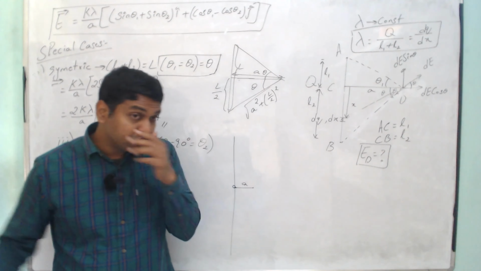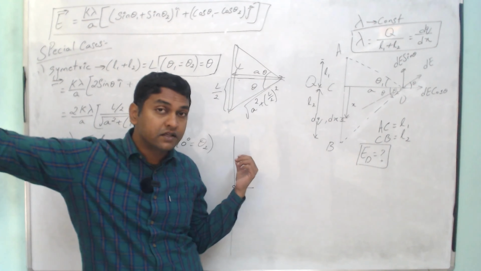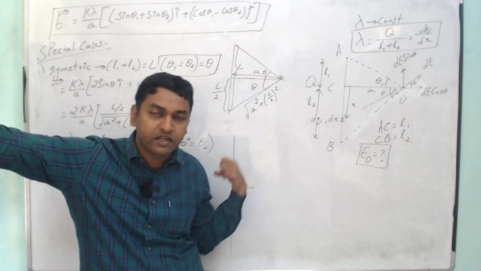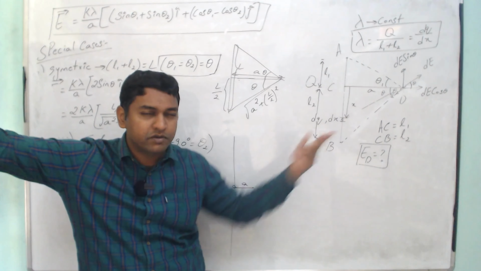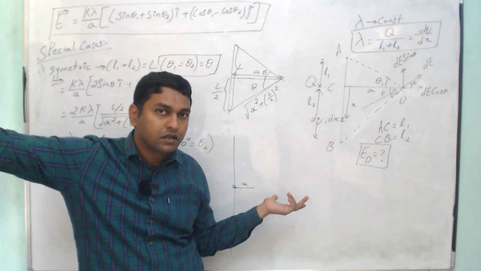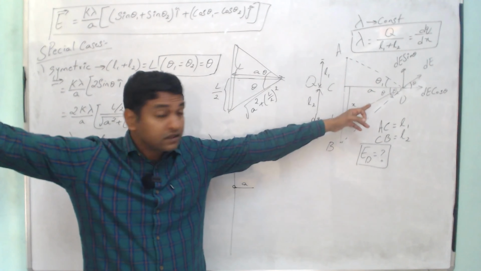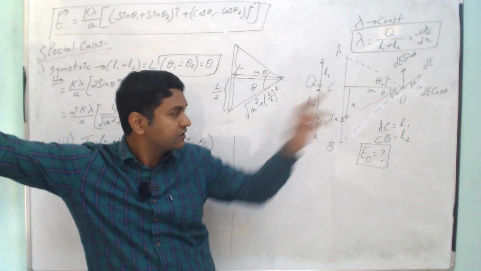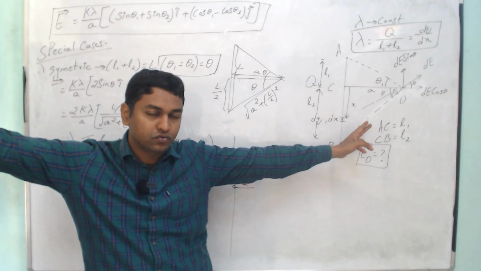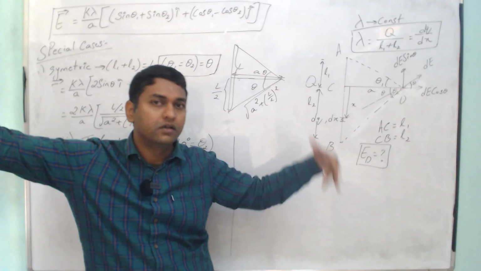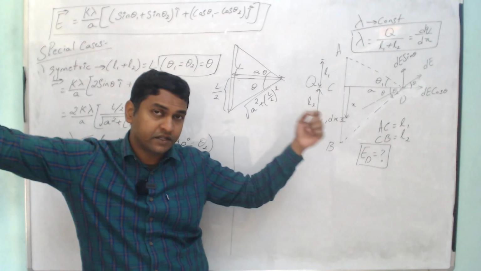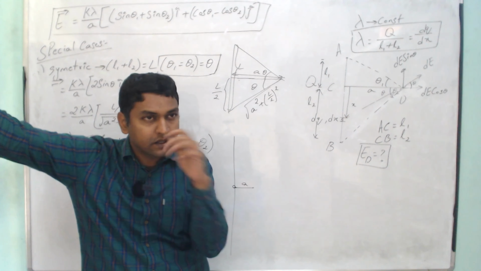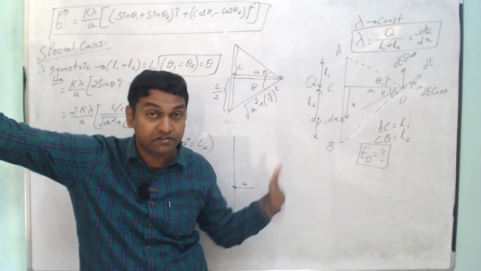Sometimes it can give you 45 degrees, like the first subcase that we have done. Subtending 90 degrees means one angle becomes 45 degrees. That angle can be made 60 degrees for theta 2, or an angle can be made 30 degrees.